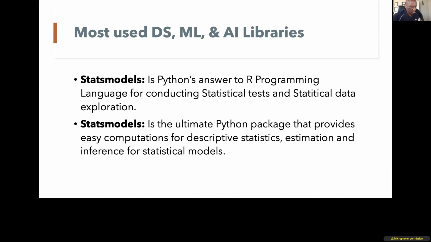For example, think of the New York Stock Exchange. The kind of data they generate on a daily basis has to be summarized somehow, and that is where stats model would fall in.